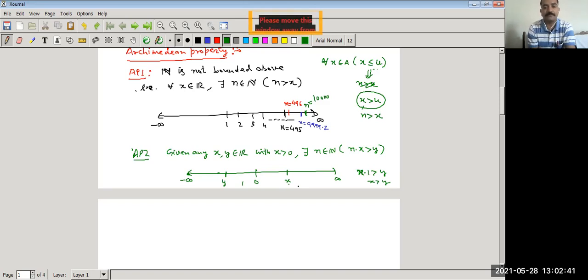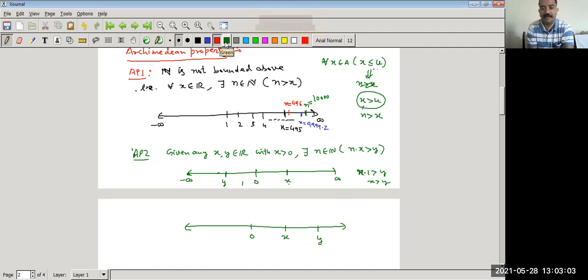Let us consider another case. If we take x to be any real number and y greater than x, then corresponding to this y we can find a natural number n such that when we multiply n into x, n times x is greater than y.